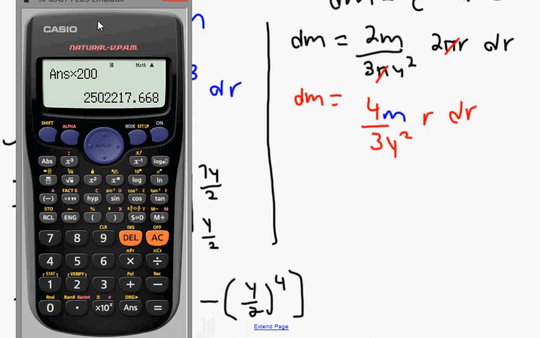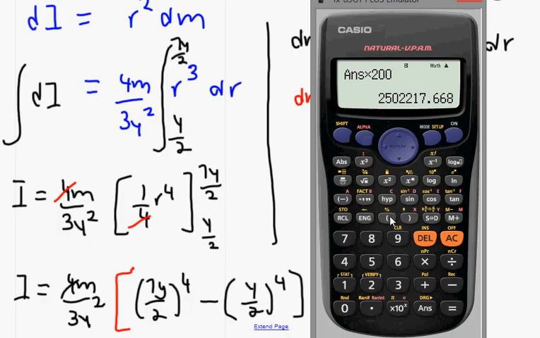Don't bother, go straight to the calculator, ignore the y's, and just do 7 over 2 to the power of 4 minus a half to the power of 4. Okay, 150.